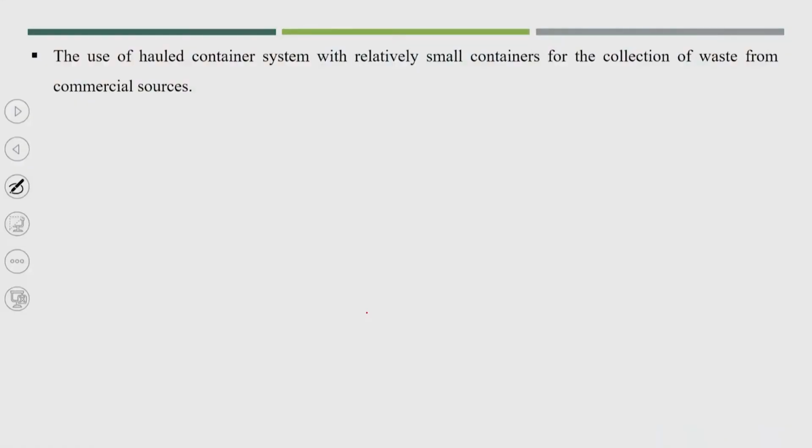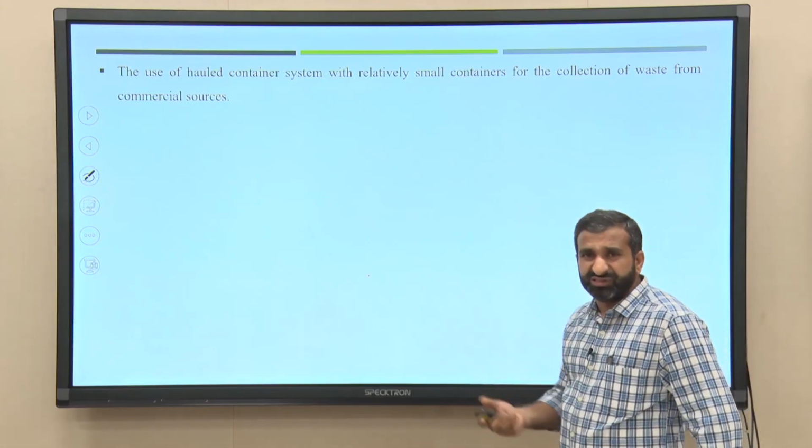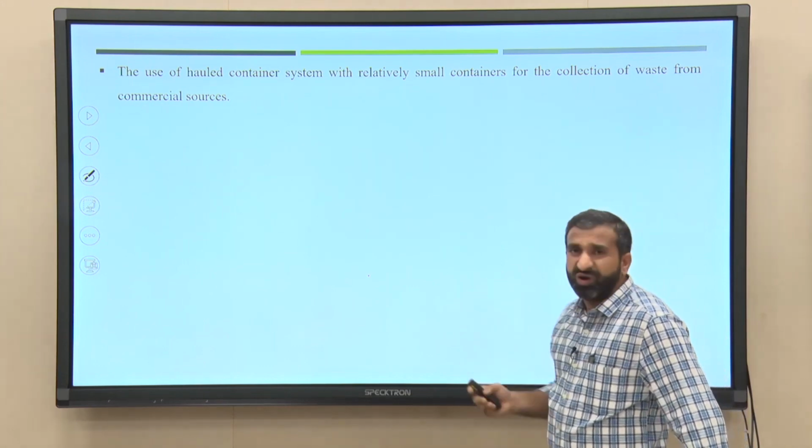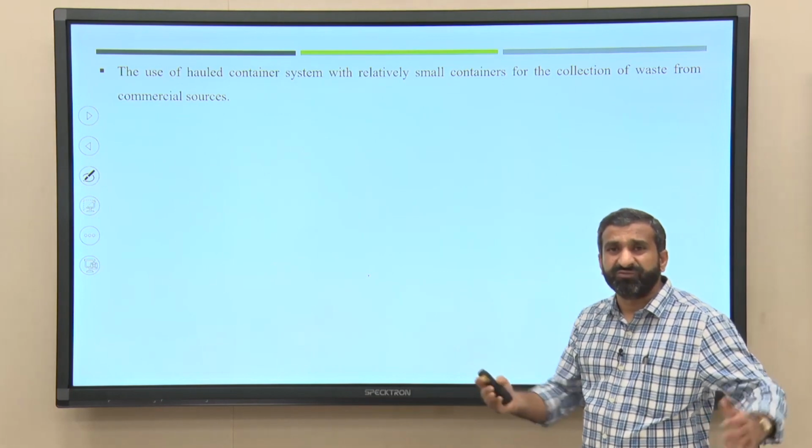Now, this is another benefit, the use of a haul container system with relatively small containers for the collection of waste from the commercial sources. Normally in the commercial areas we have to use the stationary container system, and the quantity is very large, and it is very difficult to have a haul container system, because the size of the vehicle will be somewhat large.